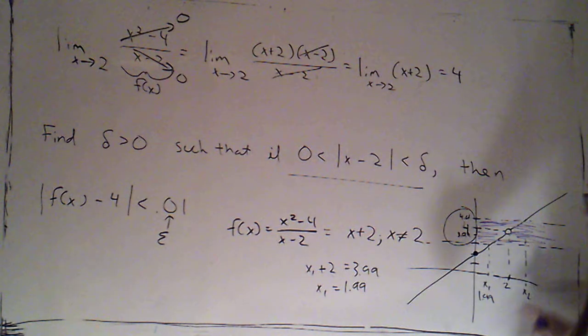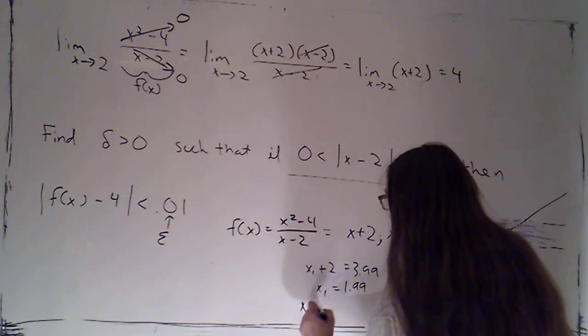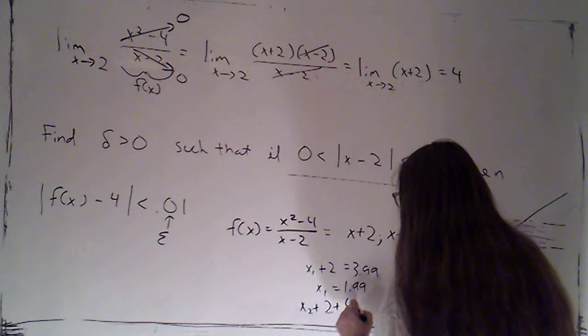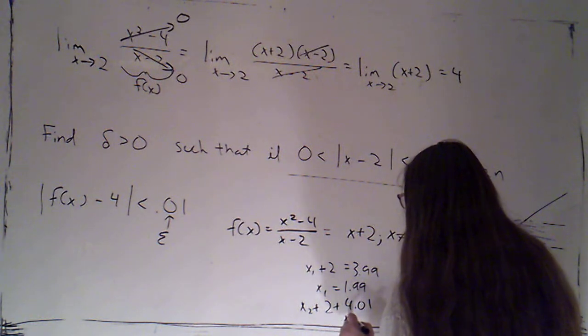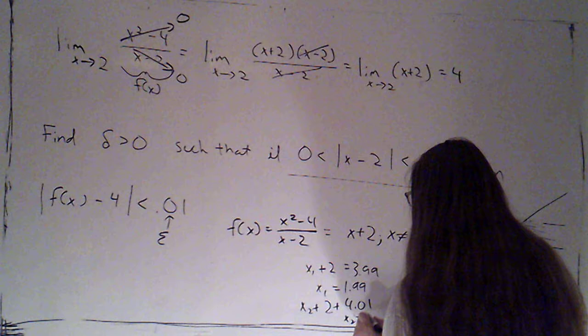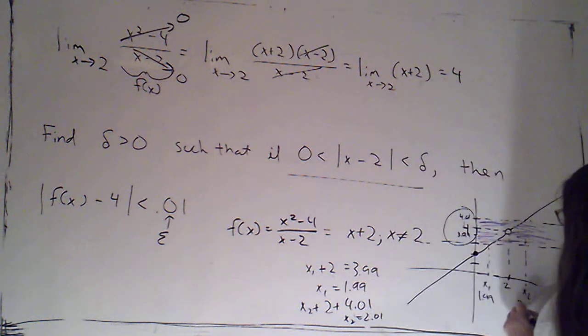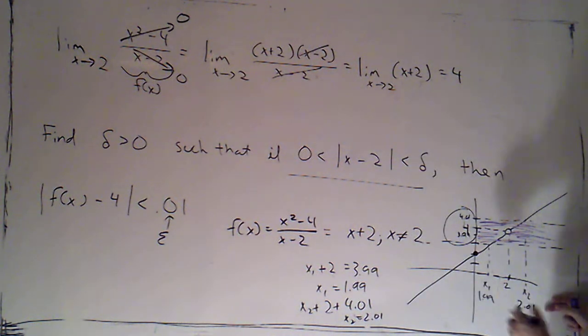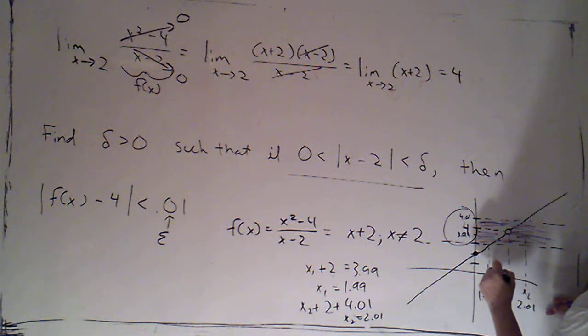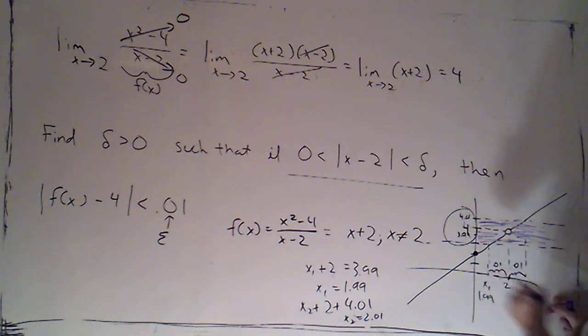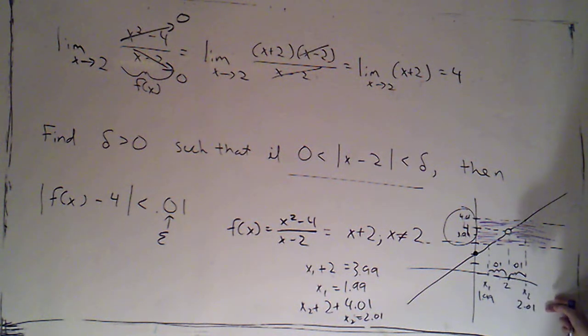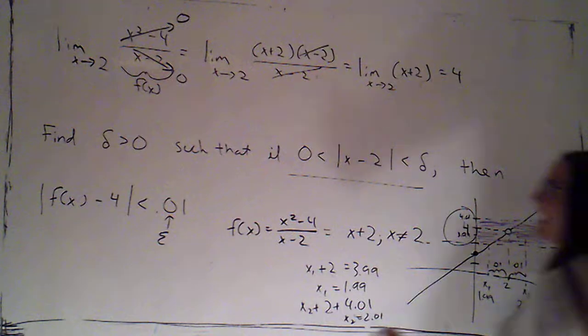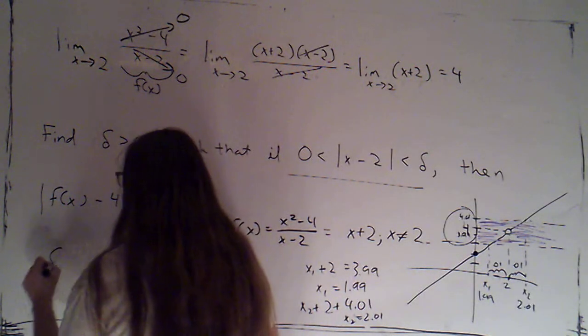And then x2, well, that's where x2 plus 2 would equal 4.01. So x2 is simply 2.01. And it does work out that, yes, this distance is the same on both sides. In fact, it turns out to be exactly the same as the value that epsilon was. It's 0.01. But now I can say that's my delta.